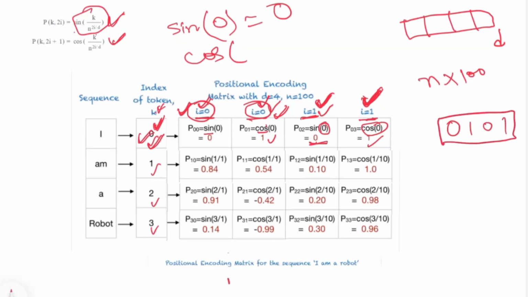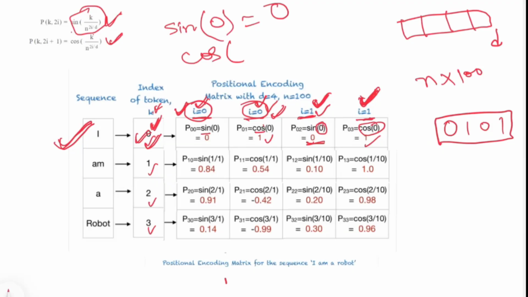This is the positional vector for the I. So whatever feature vector or embedding we have for the I, we'll take that, and it will have the same dimension, because that's why we have taken this 4-dimensional, because the embedding vector was also of the same dimension. So now we will take this and add this 0, 1, 0, 1, which is the positional embedding.